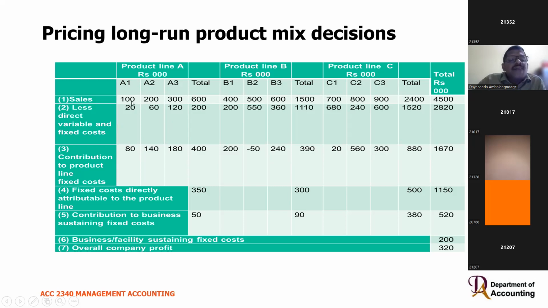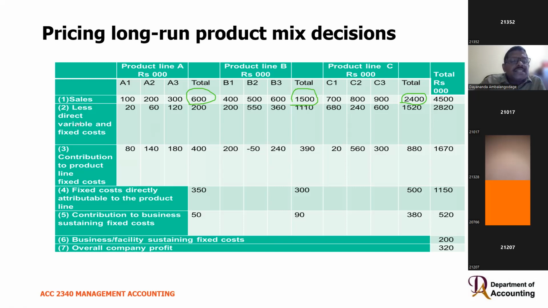You see that sales are given. You get the sales of 600 from product line A, and from product line B you get that much of sales, and product line C that much of sales. So you get the total sales of 600, 1,500, 2,400, which is 4,500.